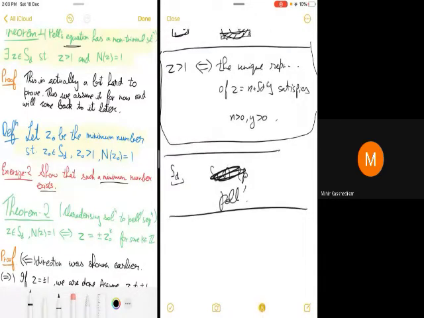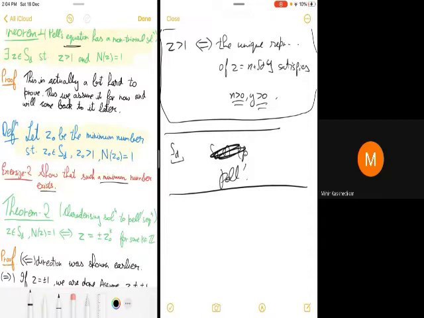If we determine y greater than 0, then x greater than 0 automatically gets determined. Moreover, if z1 and z2 are Pell solutions and y1 is less than y2, then automatically x1 is less than x2.